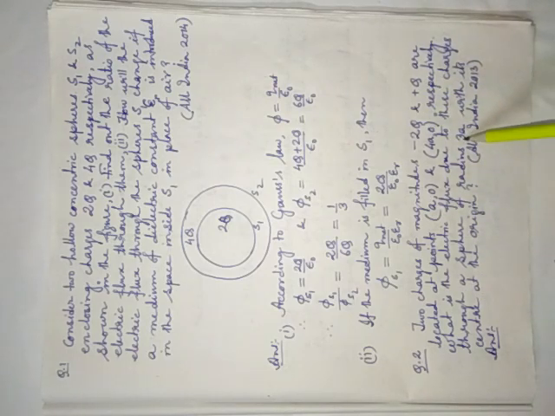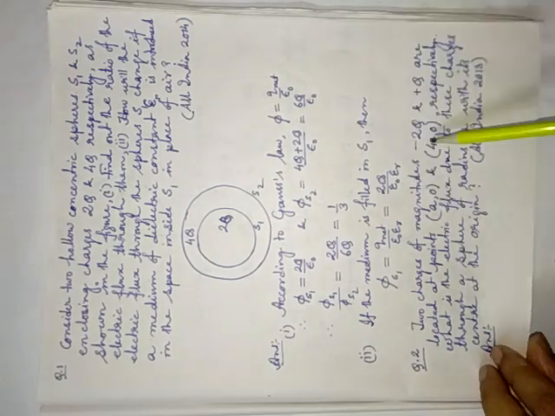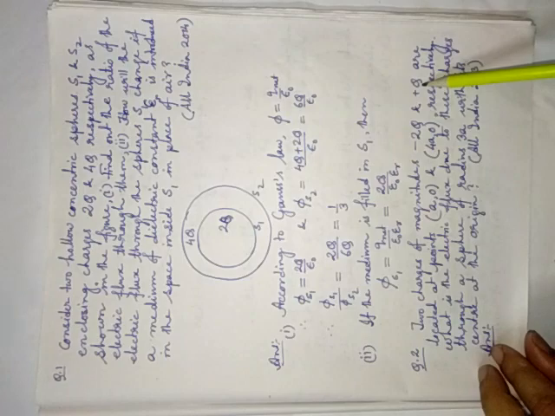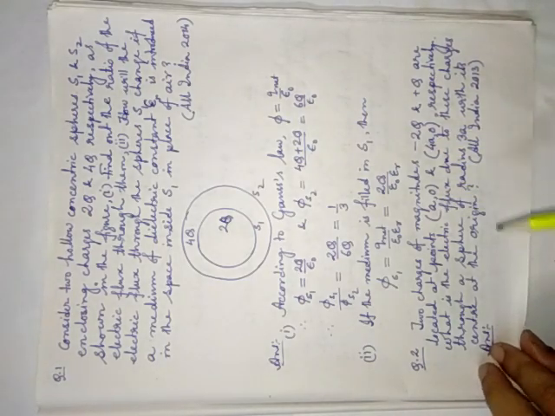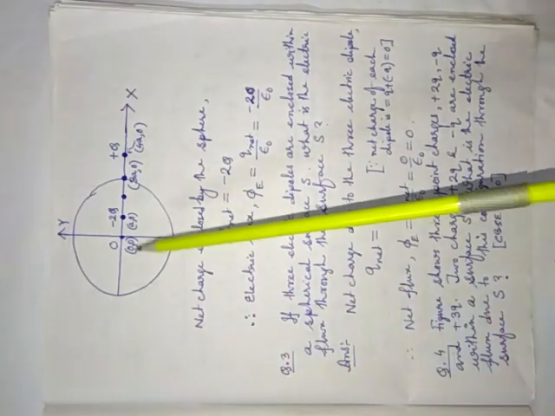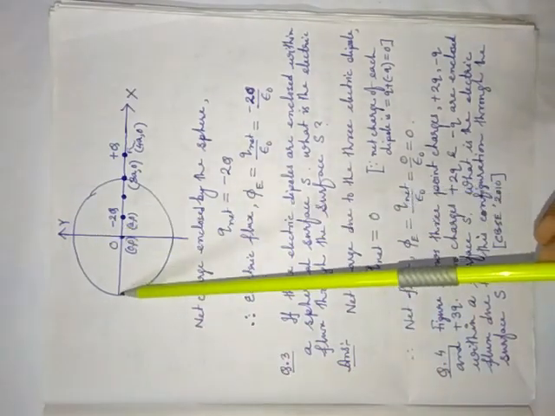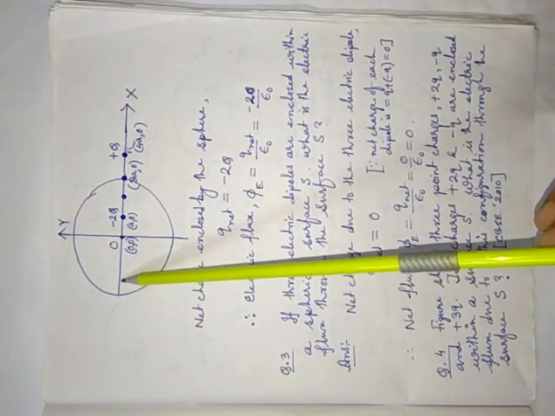Through a sphere of radius 3a, with its center at the origin. See here, the charges are minus twice q and plus q at these coordinates. This is the simplest thing. I have drawn a sphere. Let us draw the coordinates first.